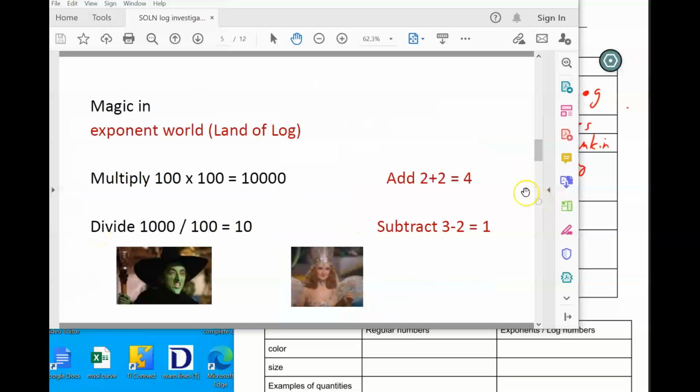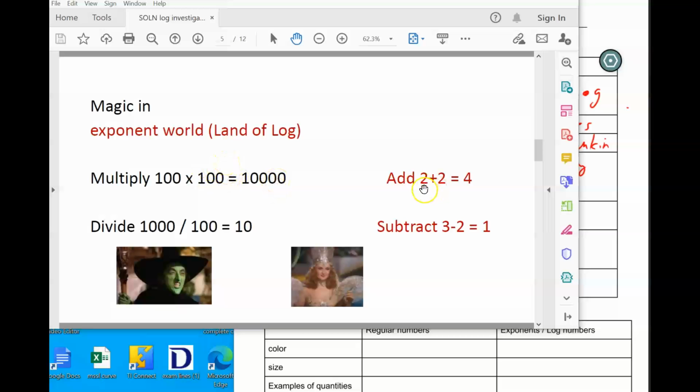So do you see how the red numbers that are negative actually correspond to small numbers in Kansas? Okay. All right. So if we know that the red numbers are actually exponents with a base of 10, then if we want to do a parallel operation with black 100 times black 100, which is black 10,000, we could do that by adding the exponents, because 10 squared times 10 squared can be found to be 10 to the 4th by adding the two exponents together.